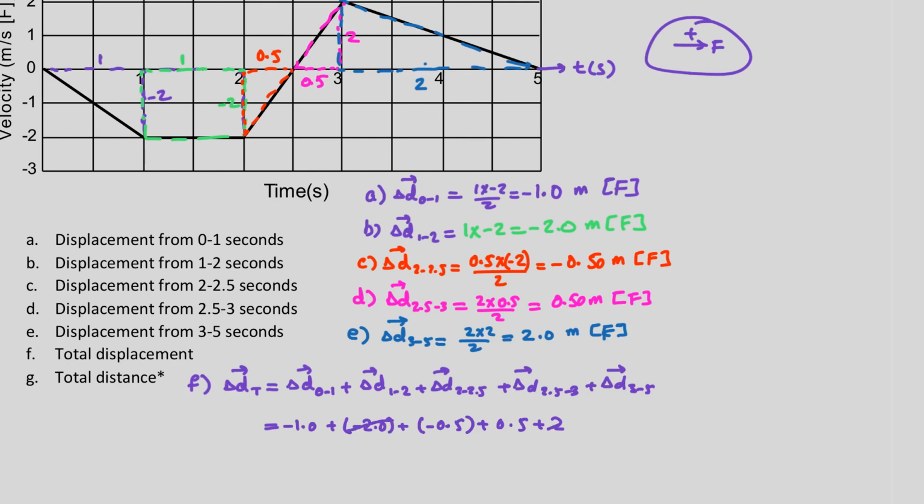I have -2 and 2 cancel out, these two cancel out, and I'm left with -1.0. Unit is meters. My positive sign convention here is forward, and that's my final displacement. So the final displacement would be -1 meters forward, or I can write it as 1 meter backward.